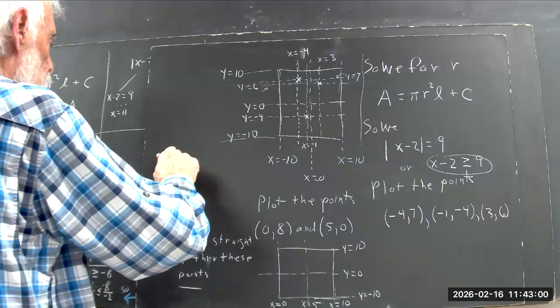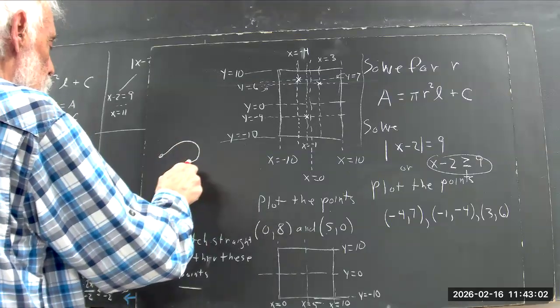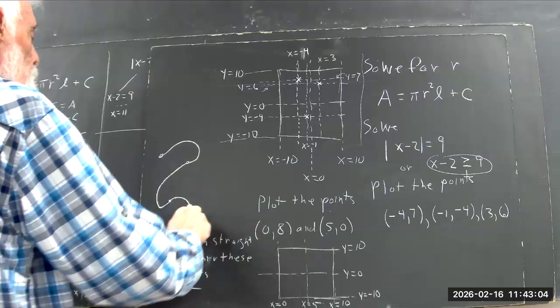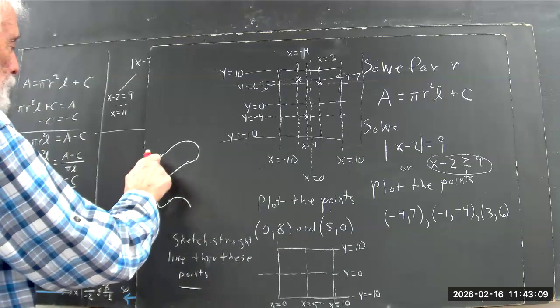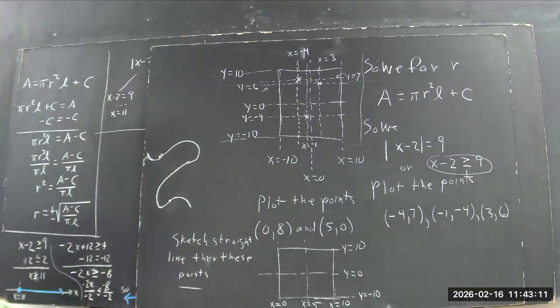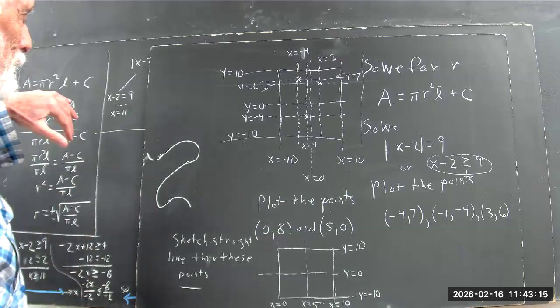So another way I could do this, I kind of like this one. It's pretty hard. Nope, got a little sharp there. Okay. Now what I've drawn is a smooth curve.